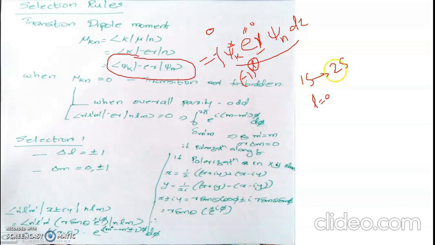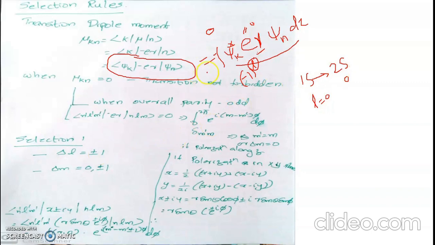Whether it is 1s or 2s, the azimuthal quantum number is 0. So there is no question of any change of parity by 1 unit when there occurs a transition from the 1s state to the 2s state or vice versa. So there is no question of a transition of an electron from the 1s state to the 2s state, whatever may be the drastic situation to which you expose the system.